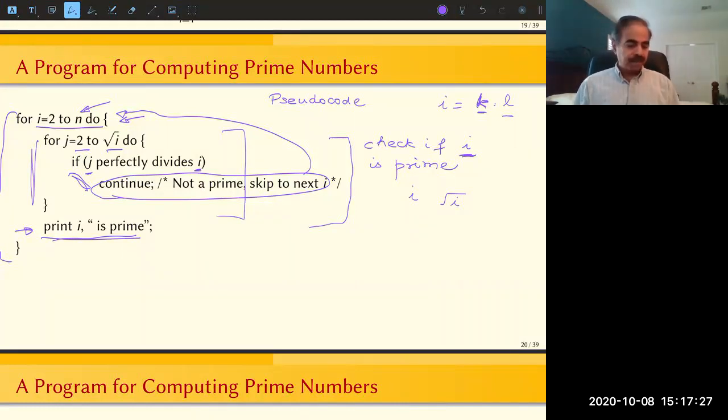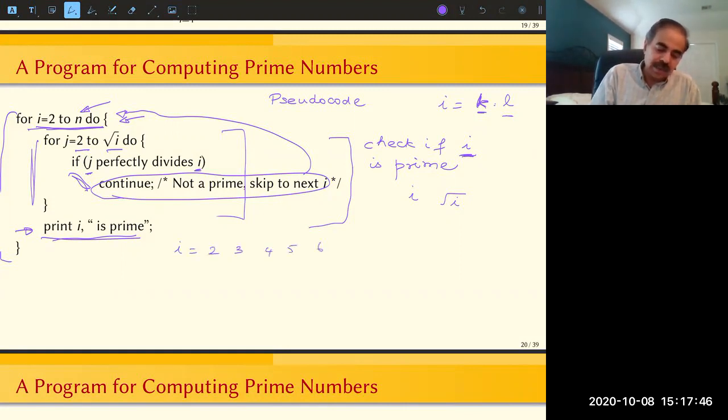So if you look at how long does it take to run, right? So you can see that the outer loop is executed n times, right? So outer loop is executed for I equal to 2, 3, 4, 5, 6, up to n, right?